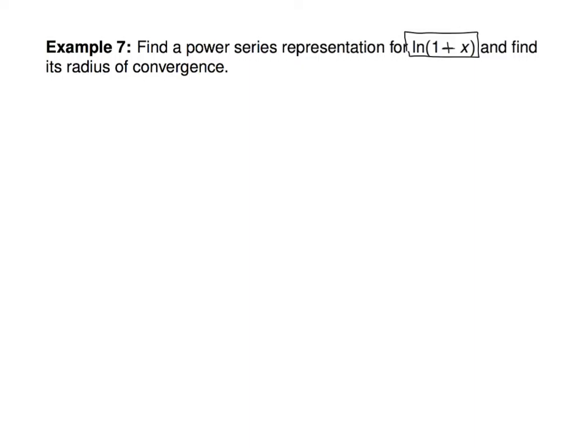Can't you just take the derivative and then you get 1 over 1 plus x? Yeah, so the derivative of natural log of 1 plus x is equal to 1 over 1 plus x, right? So then do you buy that the integral of 1 over 1 plus x dx will equal natural log of 1 plus x? Do you buy that?